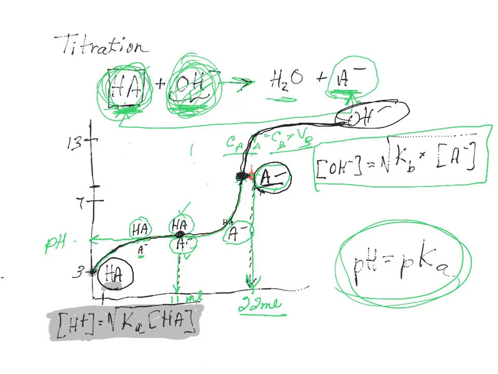So that's it. Now, you're going to have to think this over in terms of doing it the other way around, where we have a weak base and we titrate a weak base with a strong acid. But still, we keep track of a pH.